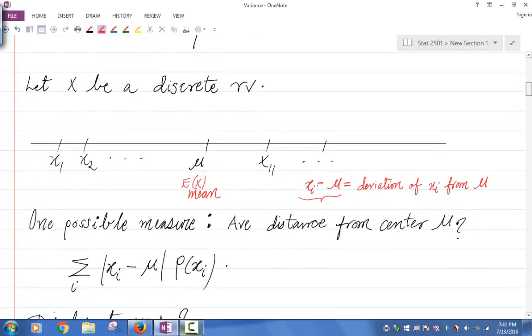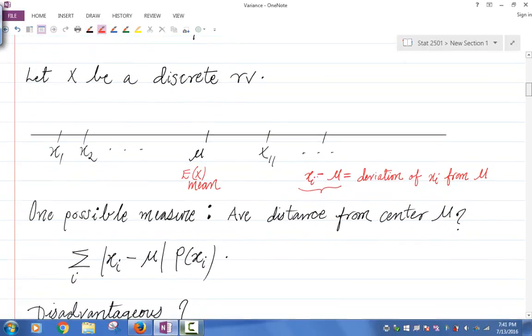So one possible measure of spread would be to find the average distance of the values of X from the mean.